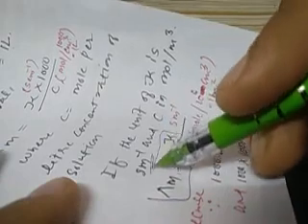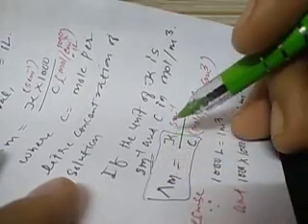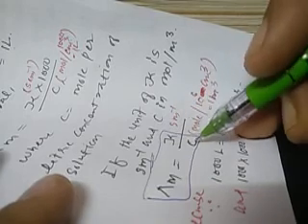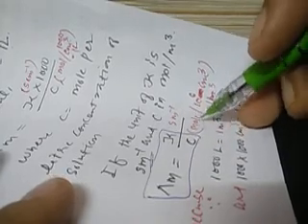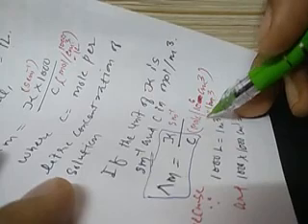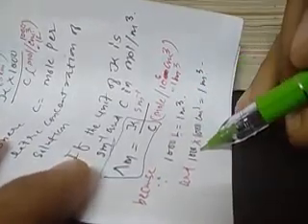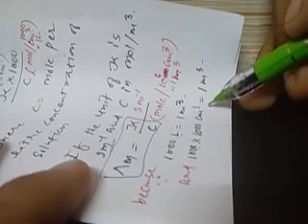Remember my dear students, here there is no need to multiply kappa with 1000, because the concentration C is written in mole per meter cube. That means mole per 10 to the power 6 centimeter cube, because 1000 liter is equal to 1 meter cube, and 1000 into 1000 centimeter cube is equal to 1 meter cube.